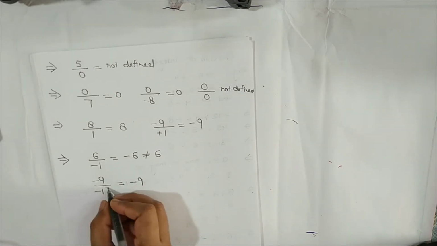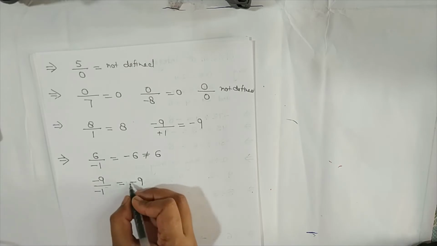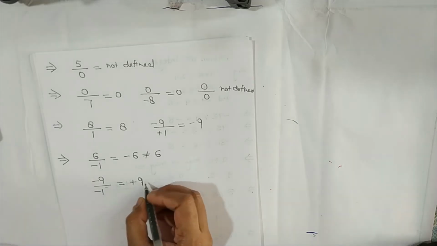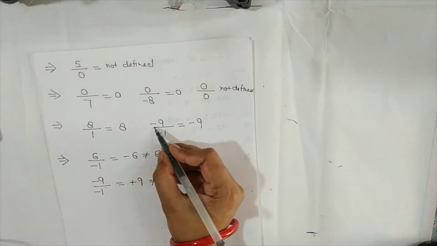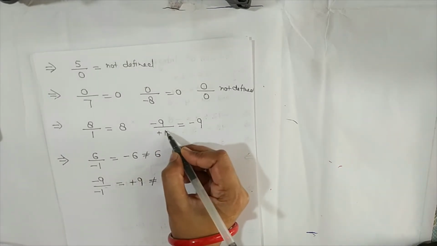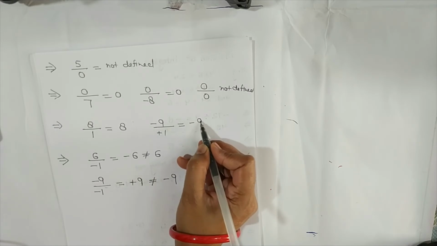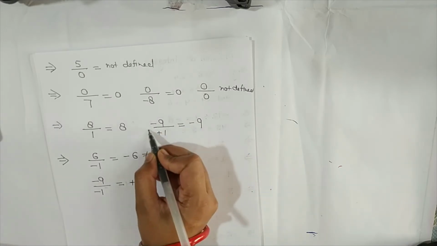Minus 9 divided by minus 1 is equal to positive 9, which is not equal to minus 9. Here you can see that minus 9 divided by positive 1 gives minus 9.